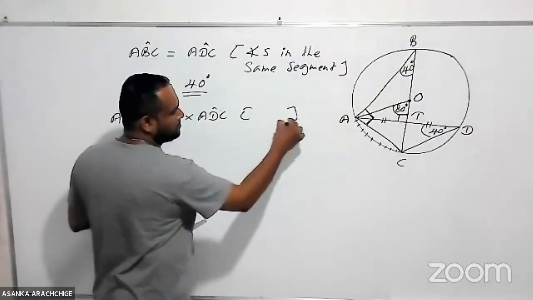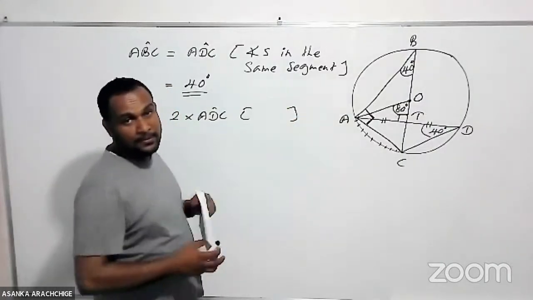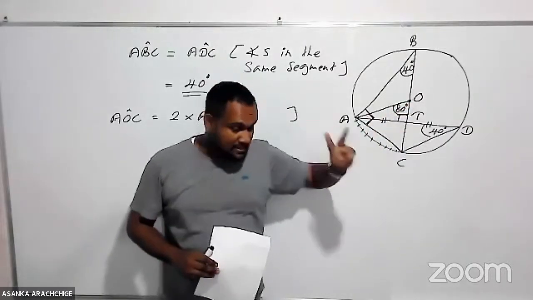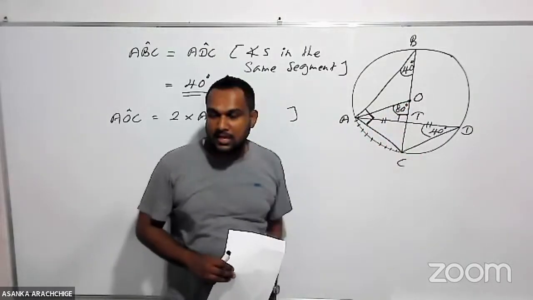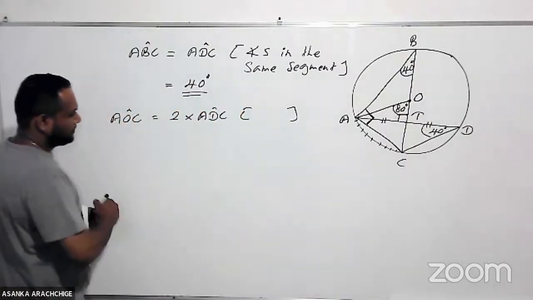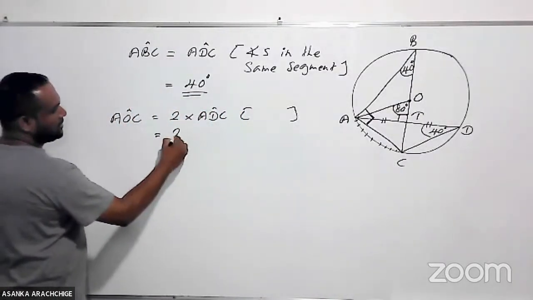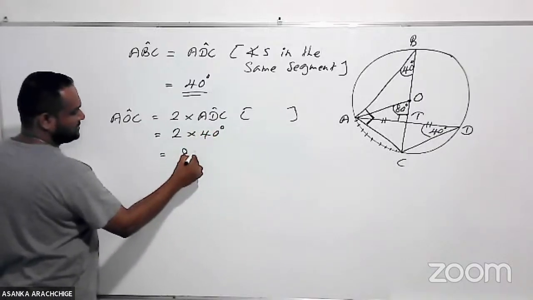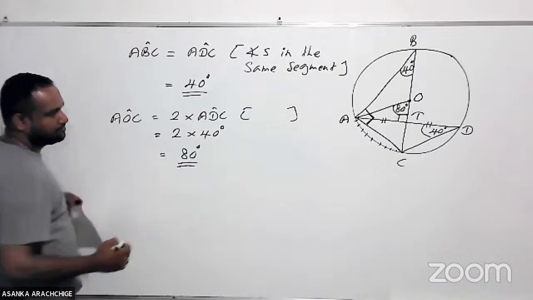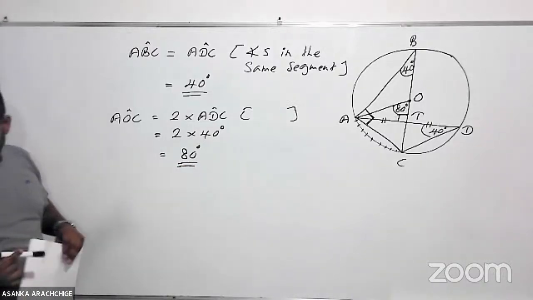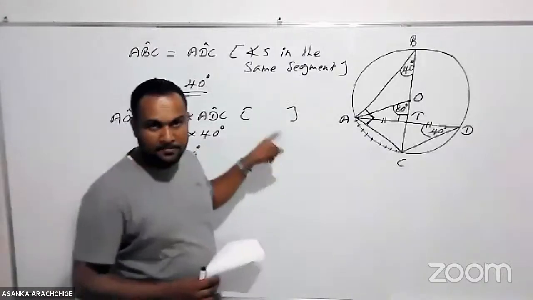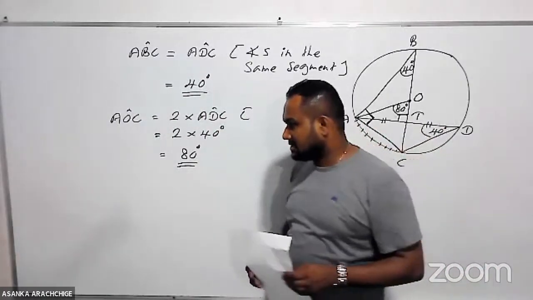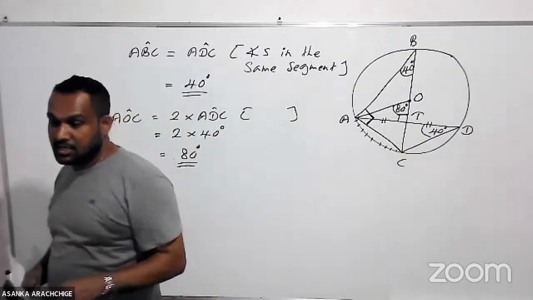The angle subtended at the center is twice the angle subtended on the other arc. Therefore, that is 2 times 40 degrees, which means 80 degrees. Clear? Write the reason looking at the previous sum. We discussed the same theorem.